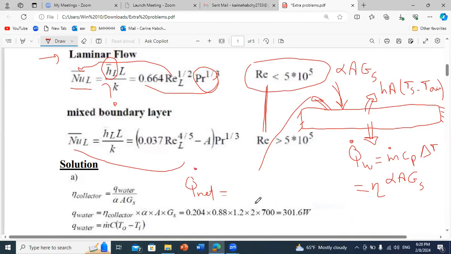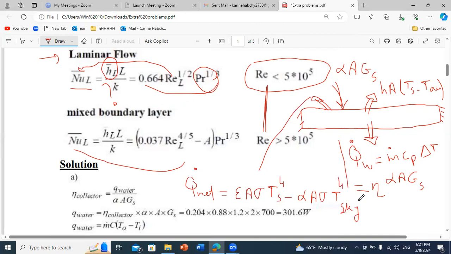The emitted is epsilon times A times sigma times T surface to the power 4, and don't forget to use the temperatures in Kelvin, minus alpha times the area times sigma times T sky to the power 4.